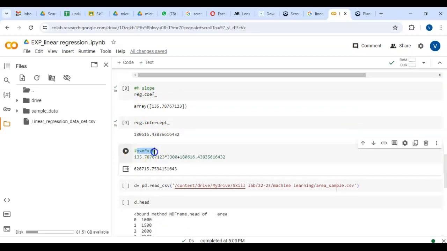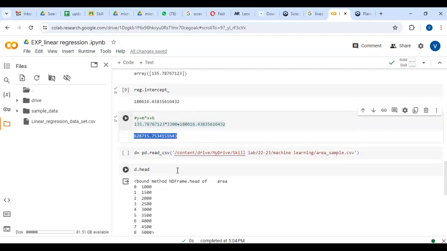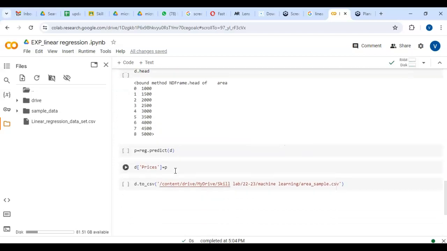I have written the equation y equals mx plus c, and with its help I have put in the value of m, which I got as 135.78, and this is the x value for which I want to predict, and this is my y value. If I run this, you can see I again get 6,28,750.